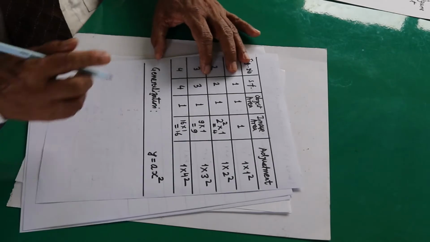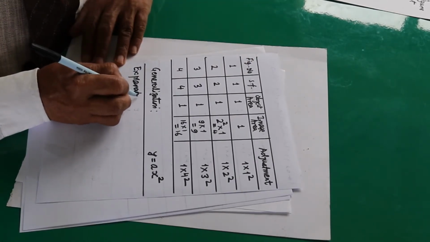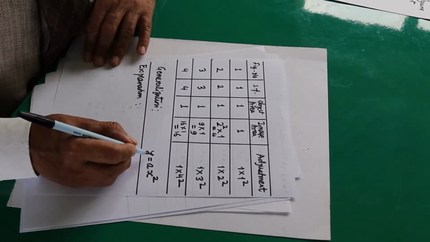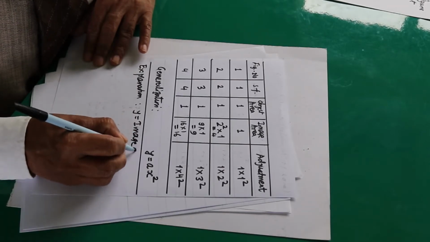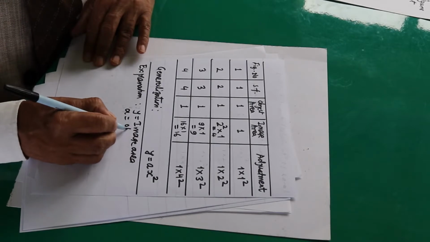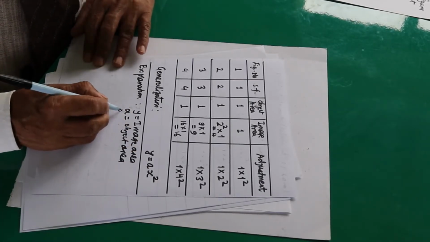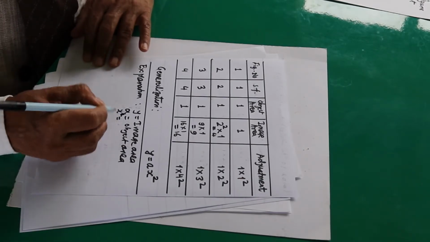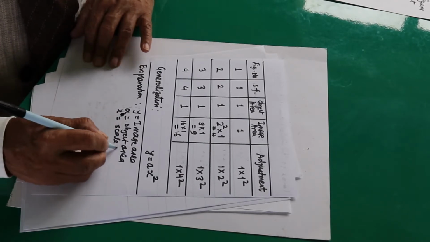Here y is image area, A is object area, and x is the scale factor.